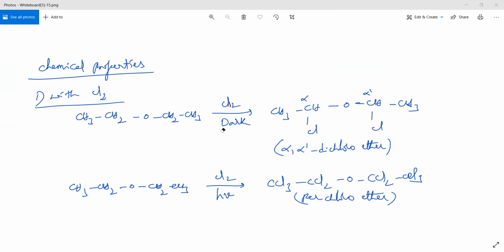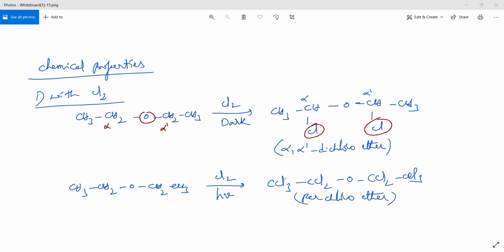Now here, alpha halogenation. What will you get? Here, the oxygen is attached to carbon. This is alpha and this is alpha prime. Both the alpha hydrogens are substituted by chlorines. So alpha, alpha prime dichloroether.